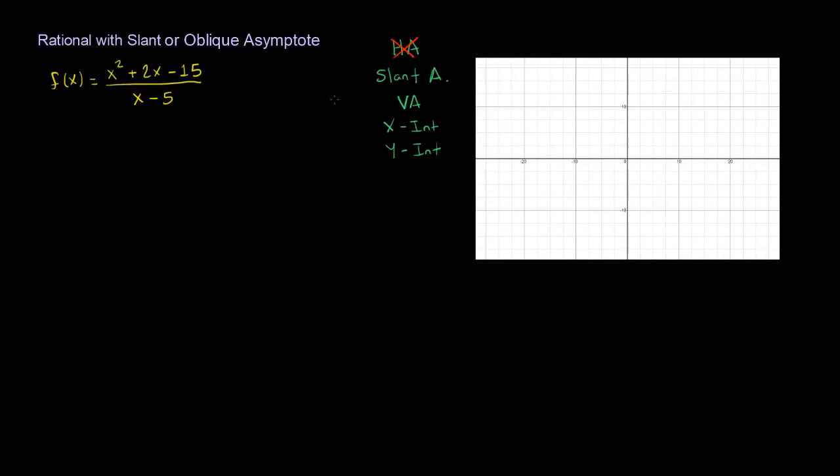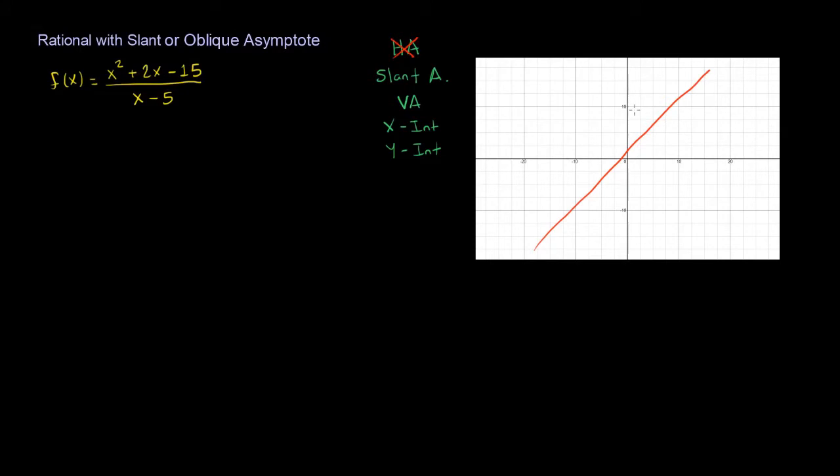Instead of having a horizontal asymptote like the previous cases, it won't have a horizontal asymptote. That's why this one is crossed out. Instead, we will have a slant or oblique asymptote, as it is also called. That is to say, instead of a horizontal asymptote, we'll have a line that goes somewhere around here.